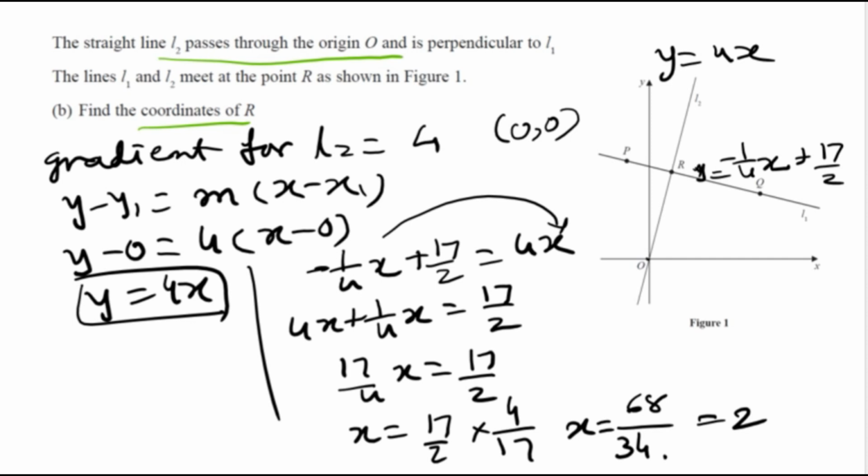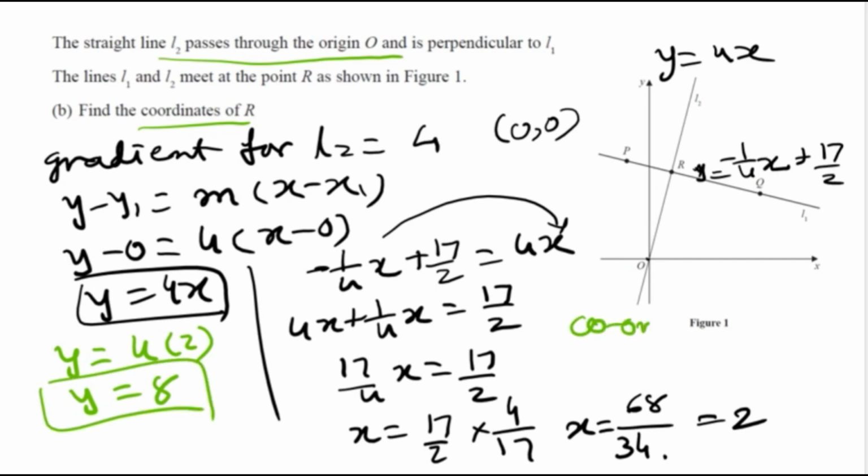Now, once I know the x coordinate, I have to find the y coordinate. So y is equal to 4 into 2, so y is equal to 8. So I got the coordinates of R. The coordinates of R are 2 and 8. So that's our final answer.